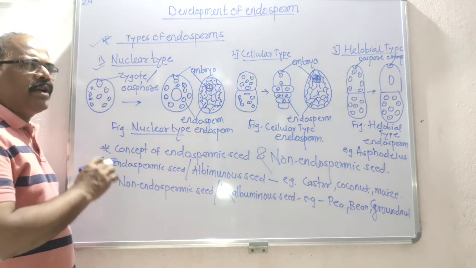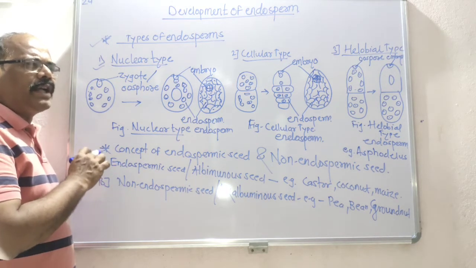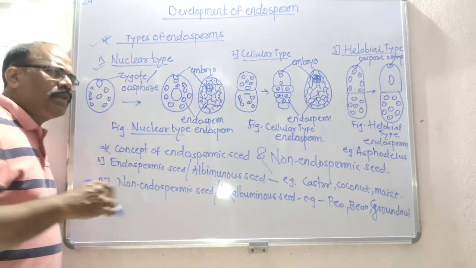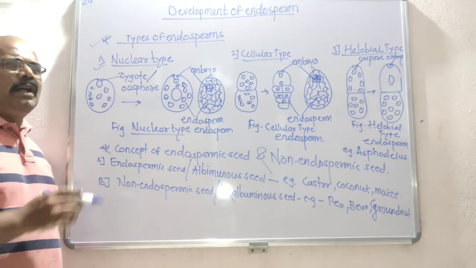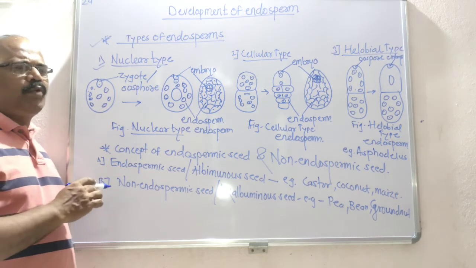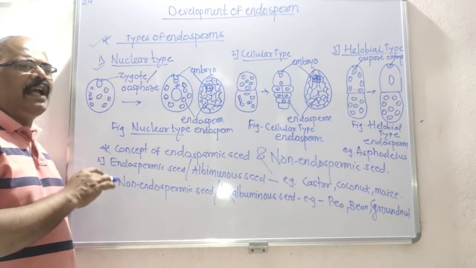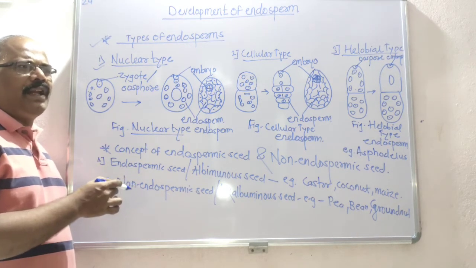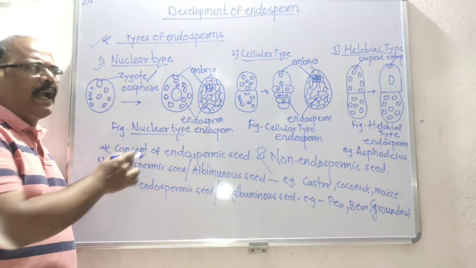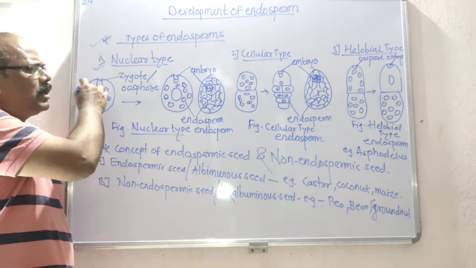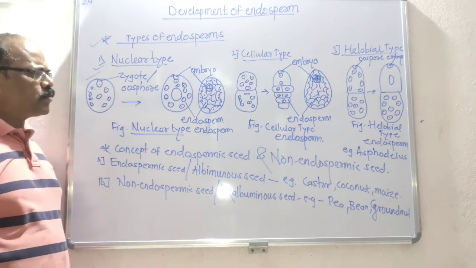Examples are sunflower, wheat and coconut. In coconut, in the outer part there is multicellular endosperm, and in the center there is free nuclear and vacuolated endosperm. This is the nuclear type of endosperm.